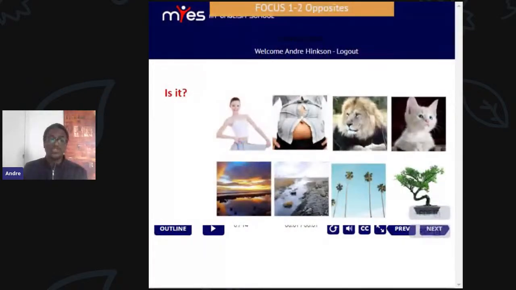So the question would be, are they tall? We're using the adjective tall. We have to use the plural form of the verb to be, as well as the correct subject, they, because they're plural. So are they tall?